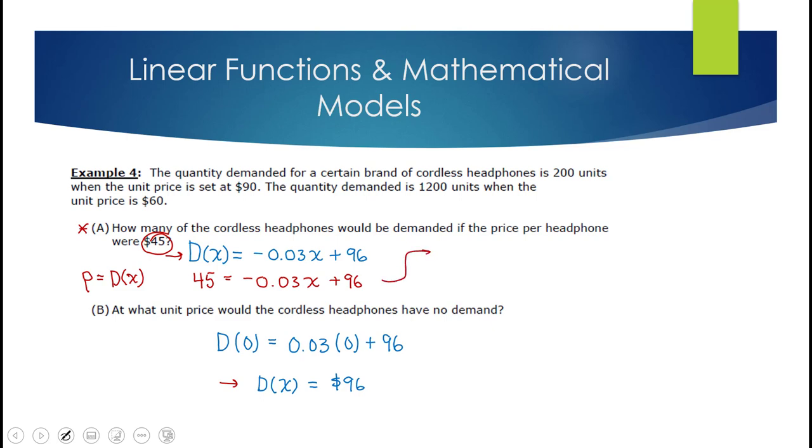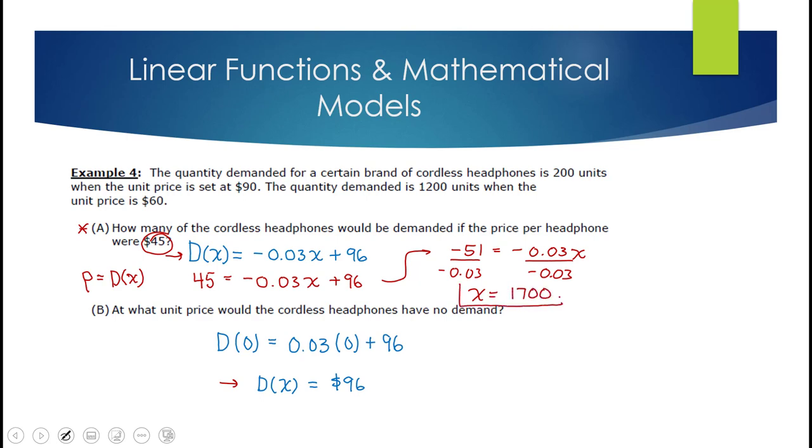So if you subtract 96 from both sides, you get negative 51. So negative 51 equals negative 0.03 times x. Then you would divide both sides by negative 0.03, and you would end up with x being 1,700.